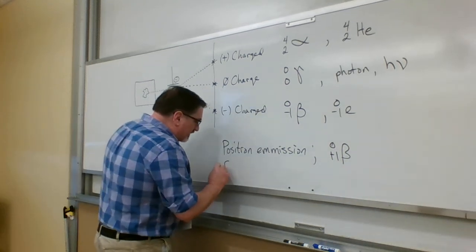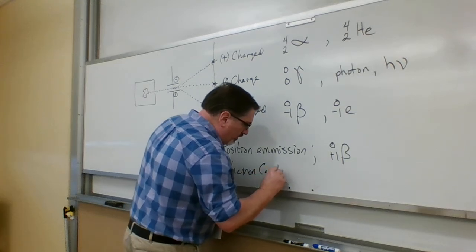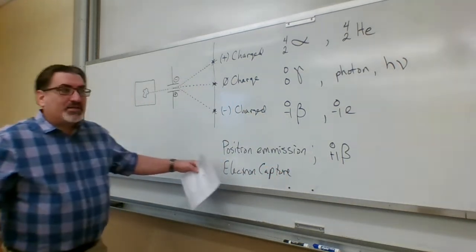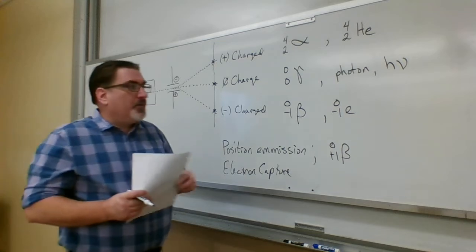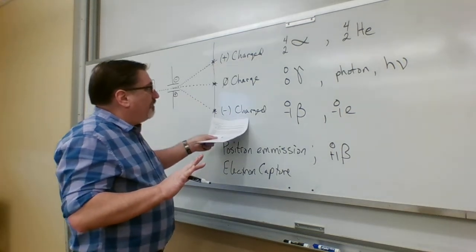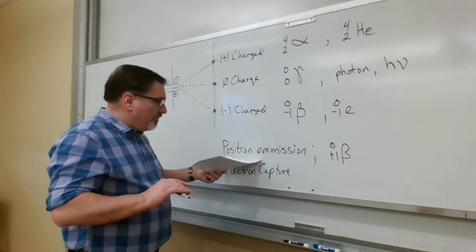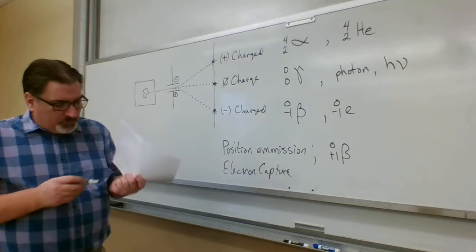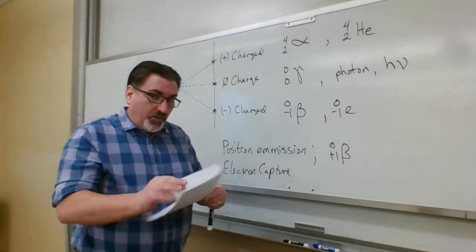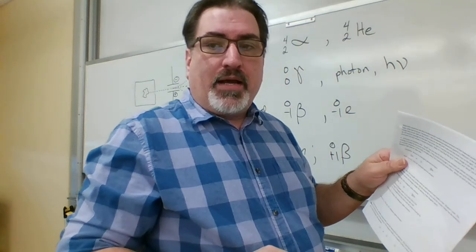And we're also going to look at electron capture. And its process works differently than the others. But these are the 5 fundamental processes: alpha and beta emission, gamma emission, positron emission, and electron capture. So when we come back, we're going to look at the rest of the pages of this handout, and we're going to go through and do those examples. Okay? Be right back.